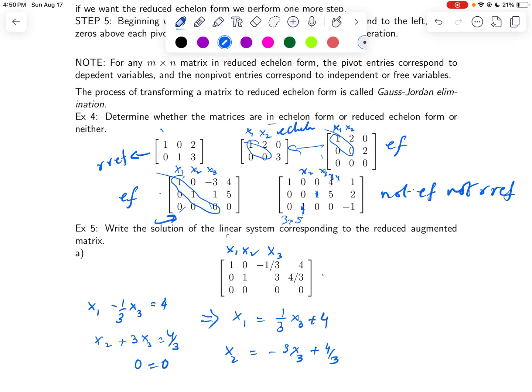So this means x3 is a free variable, and we say let x3 equals t. Then we can write our solution as x1 equals 1 over 3t plus 4, and x2 equals negative 3t plus 4 over 3.